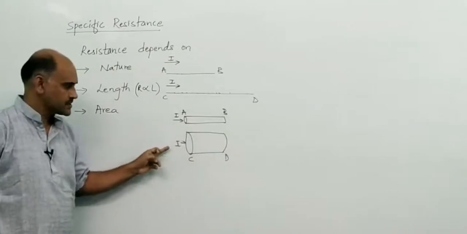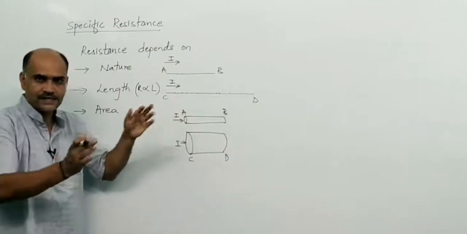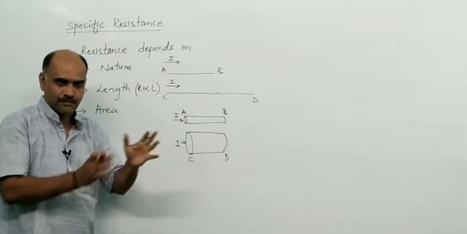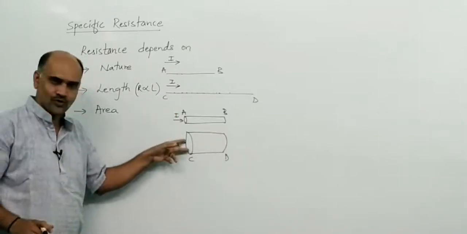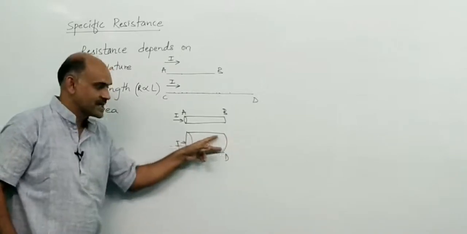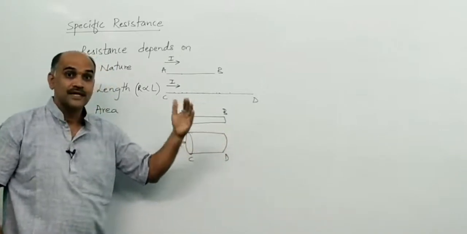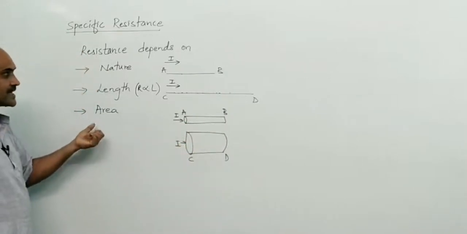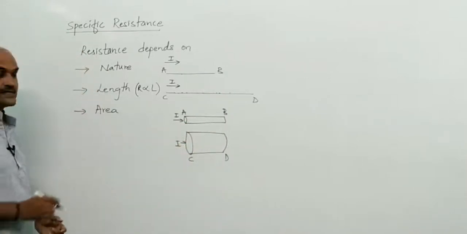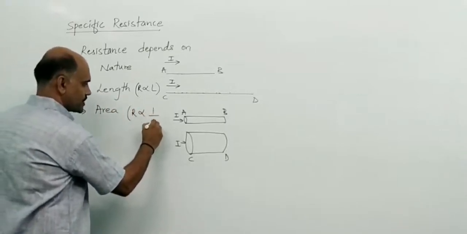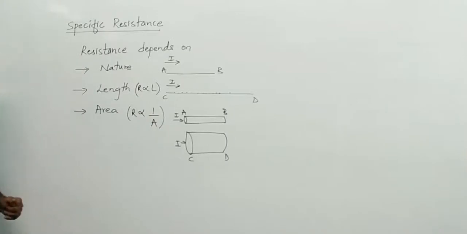When charge is moving, if area is more, it can easily pass through it, because space available is more. This means there will be less resistance. So as area increases, resistance decreases. So you can say resistance is inversely proportional to area.